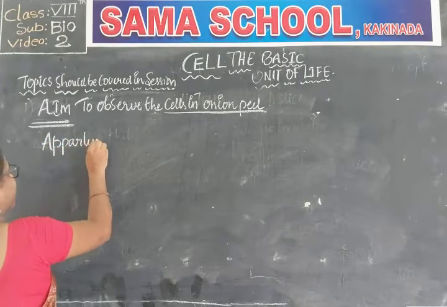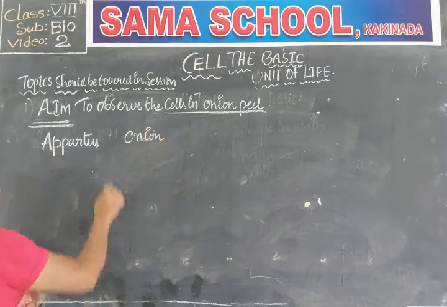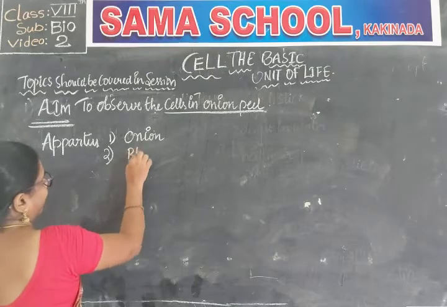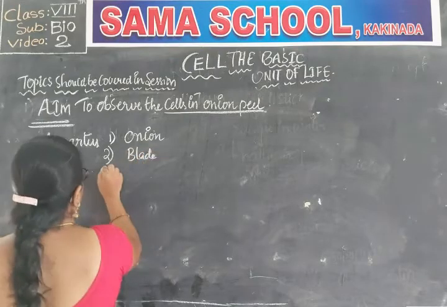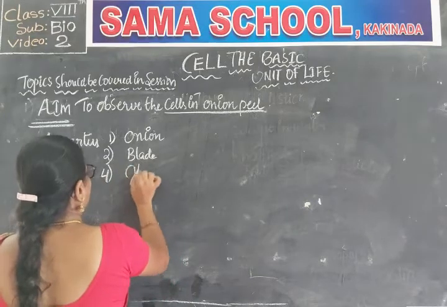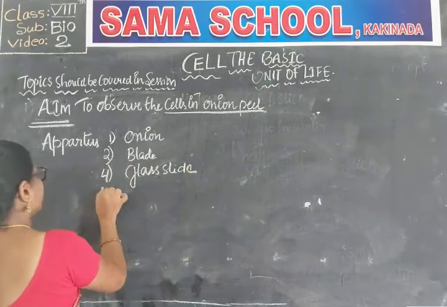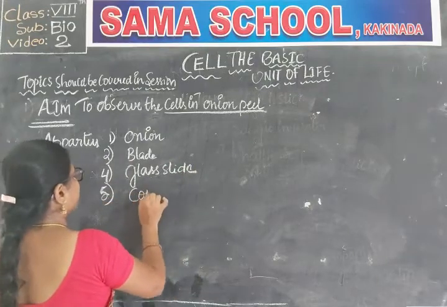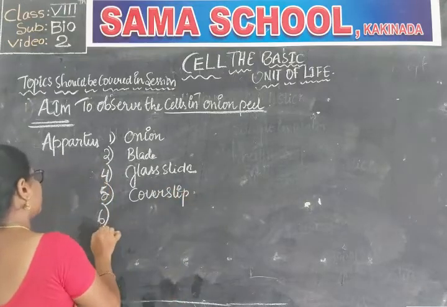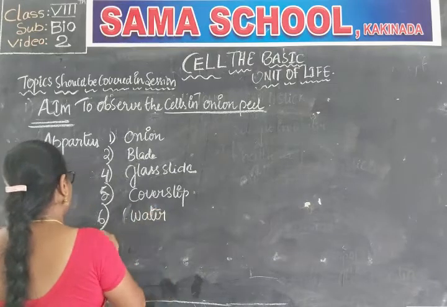What apparatus do we require? We require an onion bulb, then a blade or a knife to cut, then a glass slide, then a cover slip, then a drop of water, along with glycerin.